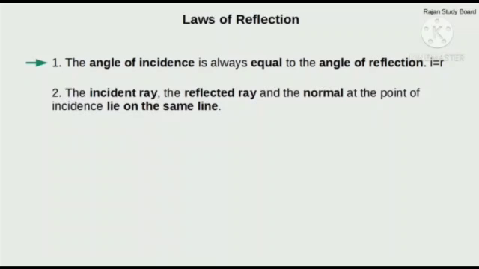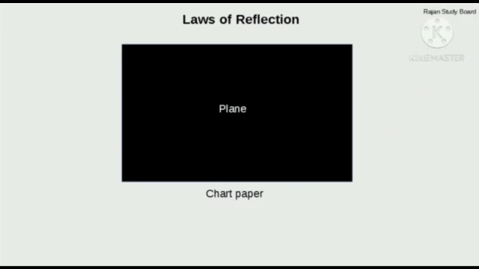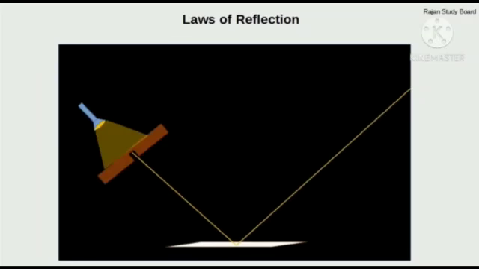Now, laws of reflection. The angle of incidence is always equal to the angle of reflection, i equal to r. Second one, the incident ray, the reflected ray, and the normal at the point of incidence lie on the same plane. For example, a black screen, a cylindrical opaque object, and three bulbs of different sizes. Use the different size lamps and examine the umbra and penumbra formed.